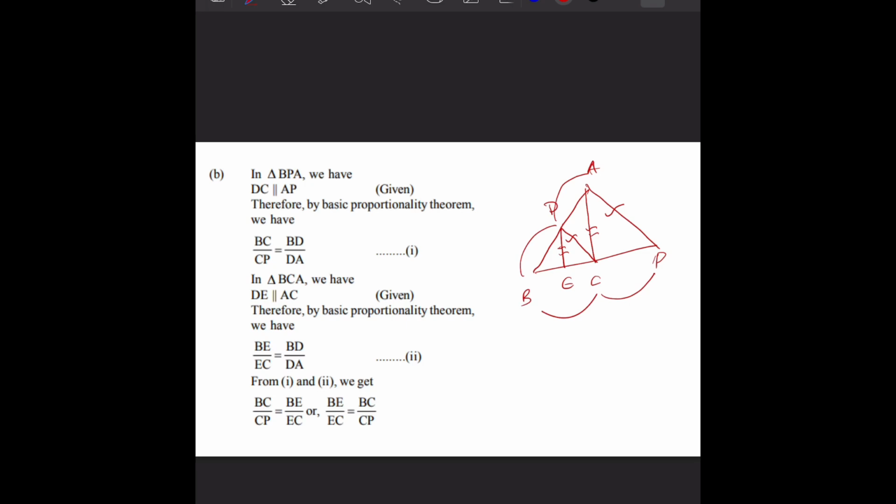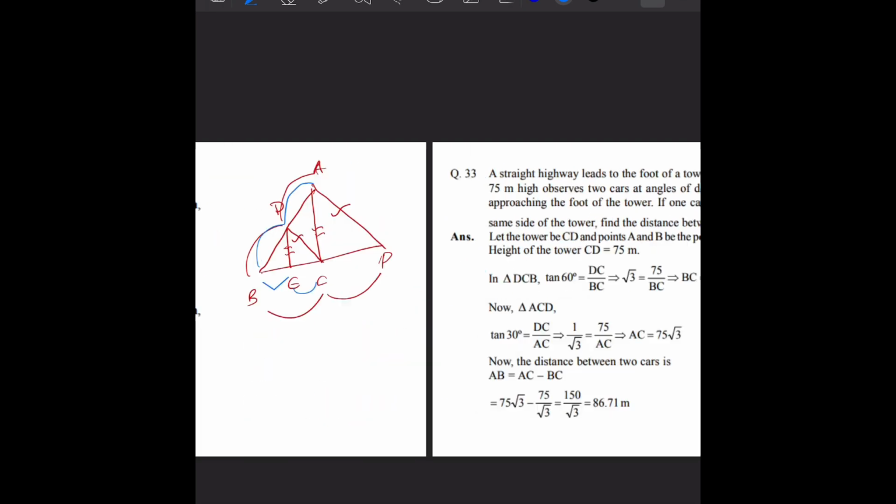Therefore, by basic proportionality theorem, BE upon EC is equal to BD upon DA. From 1 and 2, you will get that the right hand sides of both equations are equal. You will get BC upon CP is equal to BE upon CE. Or by interchanging the terms, BE upon EC is equal to BC upon CP. Let's move to the next.